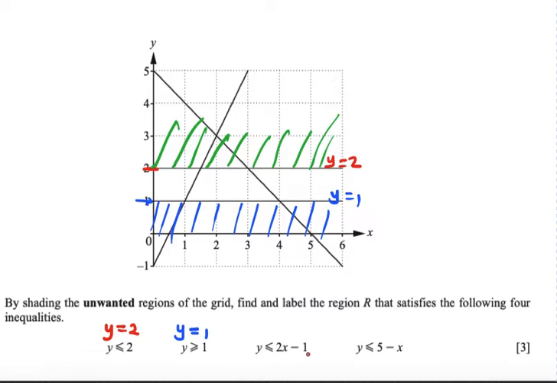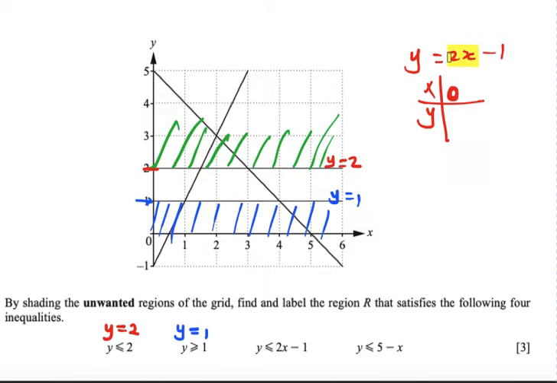Now, let's continue. The next one is y is equal to 2x minus 1. We need to find out which line this is. We have two lines remaining. This is how you find out. You let x be 0, and it's like you cover up this term with your thumb.